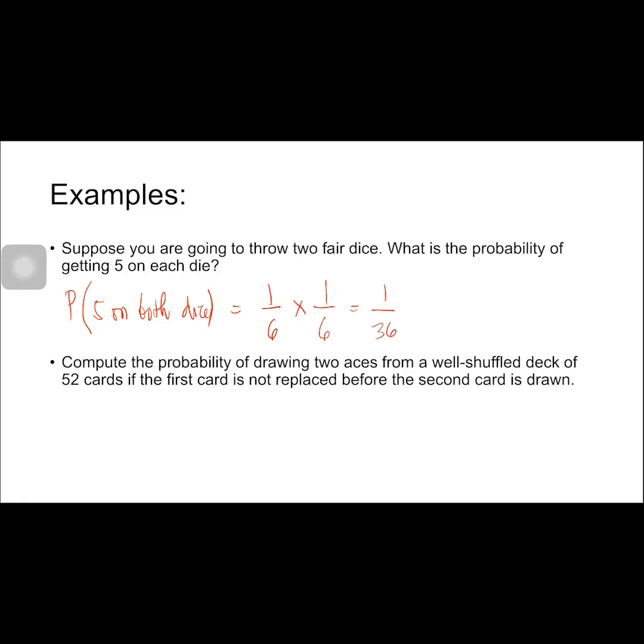For the second example, compute the probability of drawing 2 aces from a well-shuffled deck of 52 cards if the first card is not replaced before the second card is drawn. Here, the first card is not replaced before the second card is drawn. That means that the second event is affected by the occurrence of the first event. So this is an example of a dependent event, while the previous one was independent.